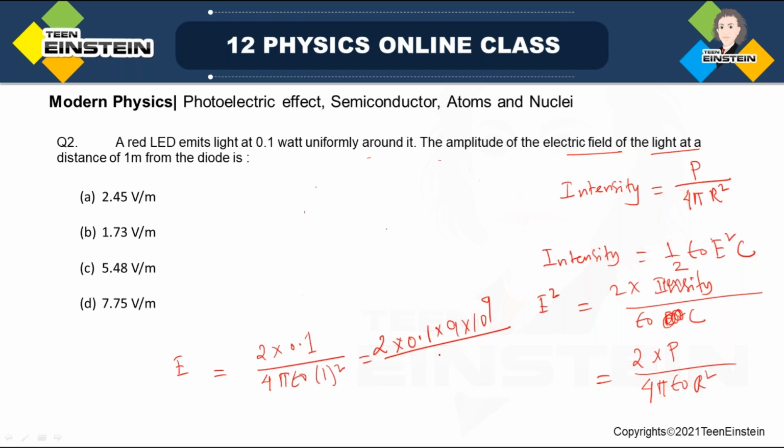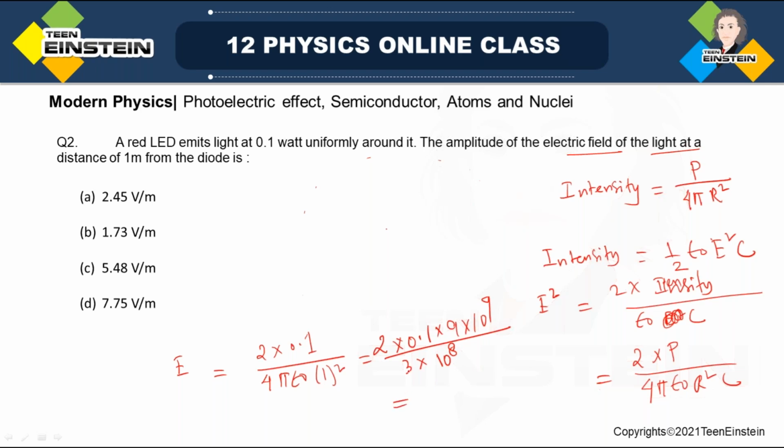So this will be 4 pi epsilon naught. There would be C here, which I had left out. C means 3 into 10 to the power 8 meter per second.